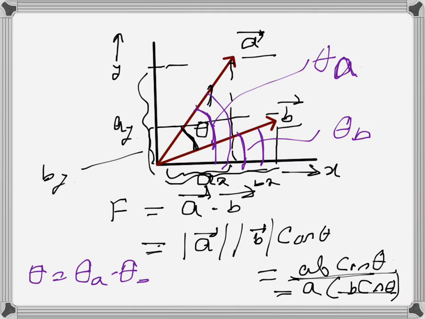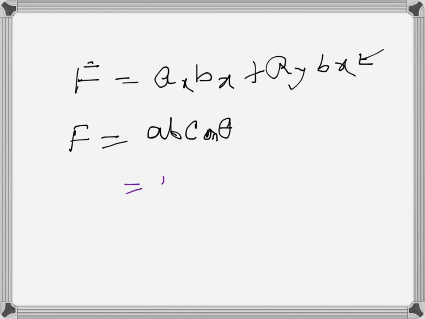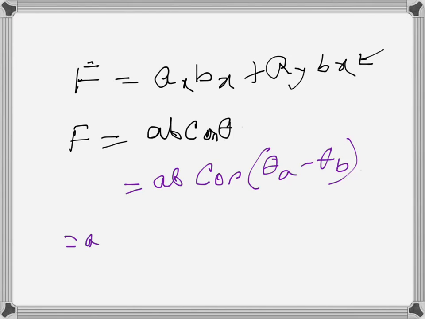So we can write AB cosine of theta A minus theta B. Now we can expand this using the cosine rule.